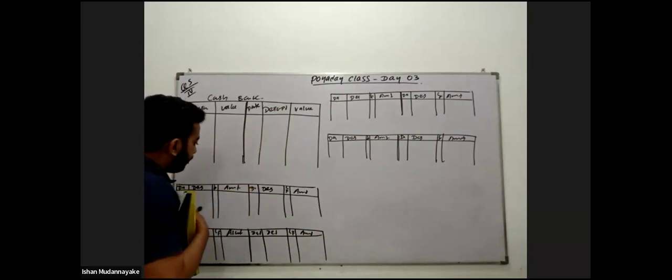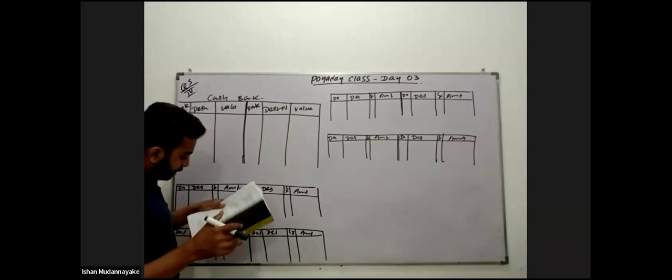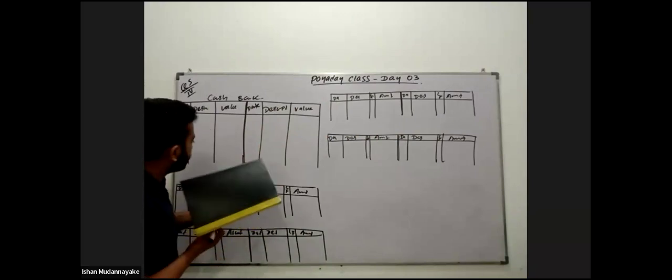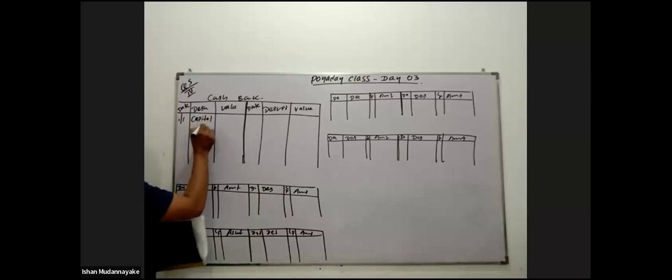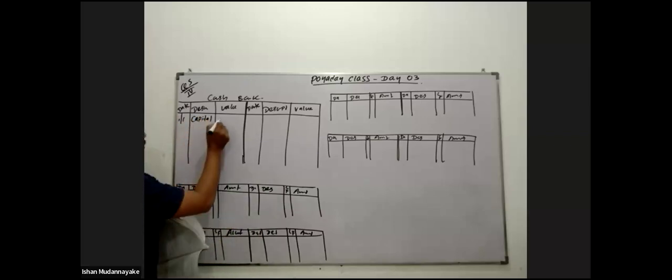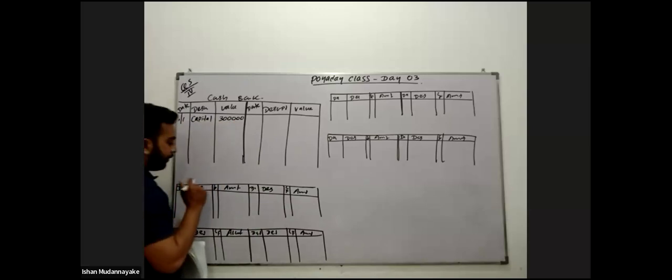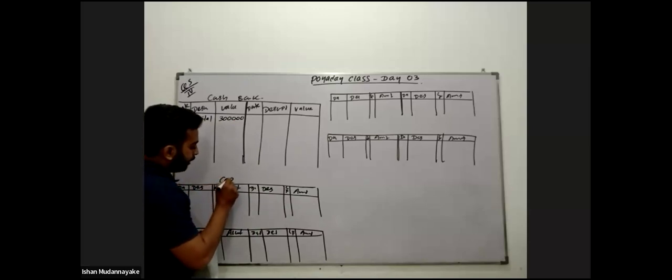Cash inflow here: received cash 300,000 on first January, capital. First January capital 300,000, and then cash book debit. If cash book debit, definitely capital account credit.